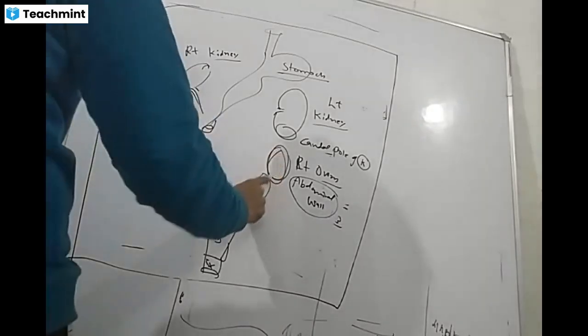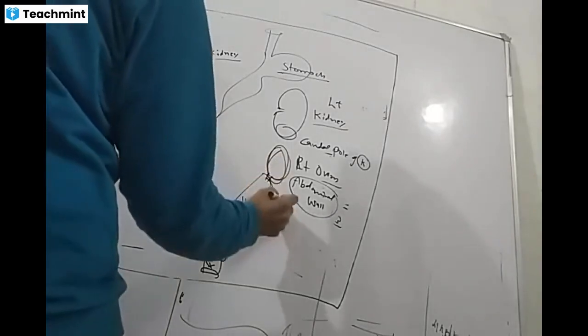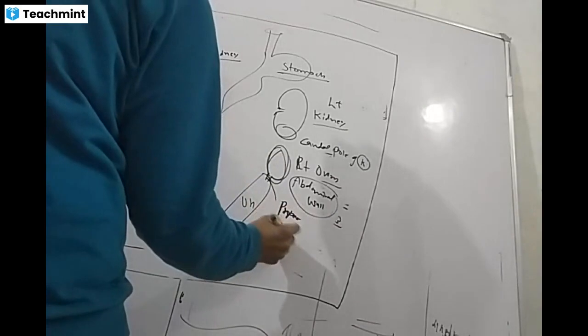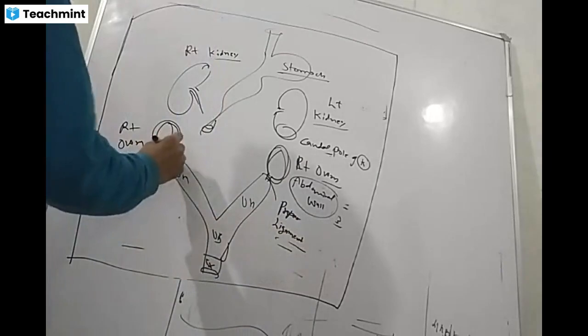Ovaries are attached with the uterus with one ligament that is known as the proper ligament of the ovary.